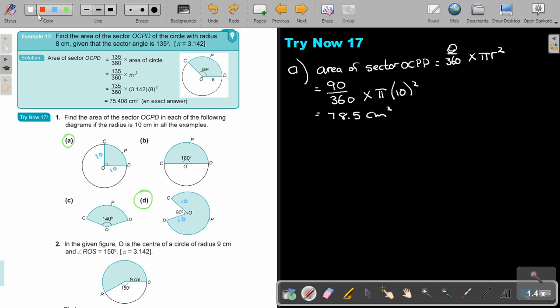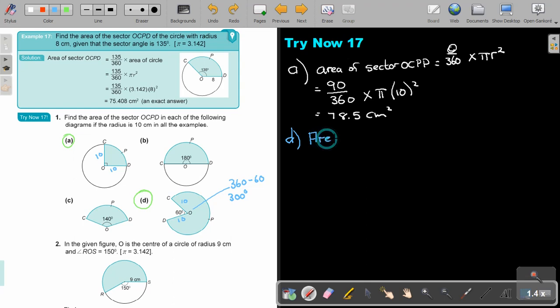Okay, and then number D. In this case, I'm not looking for this, I'm looking for this. So this was 360 minus 60, and that will be 300. So again, I can now just start with the formula.